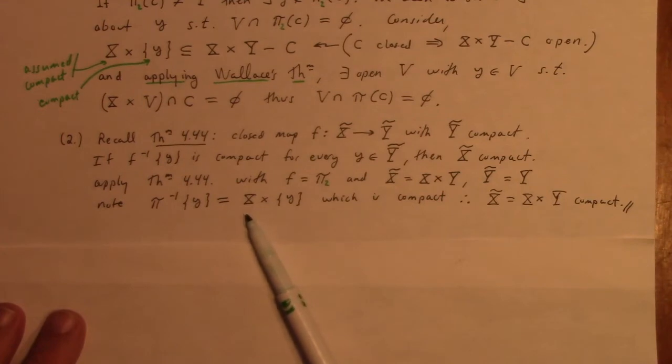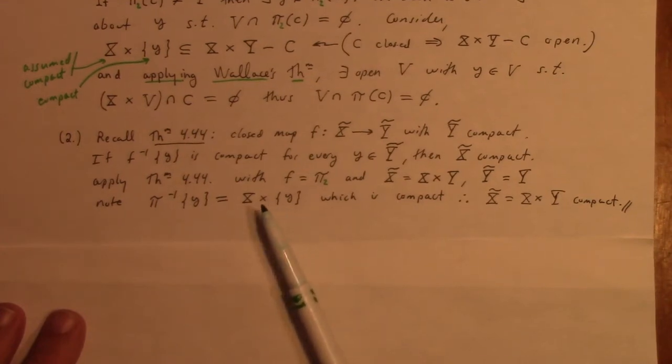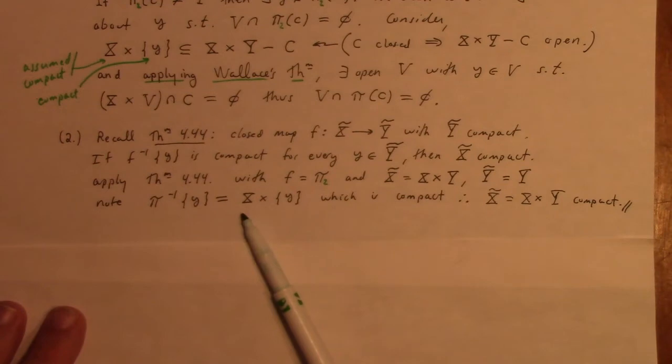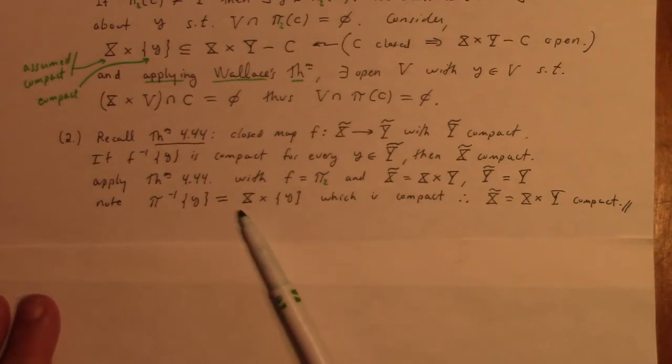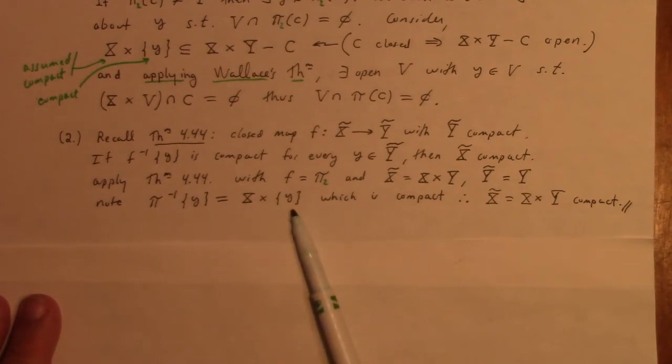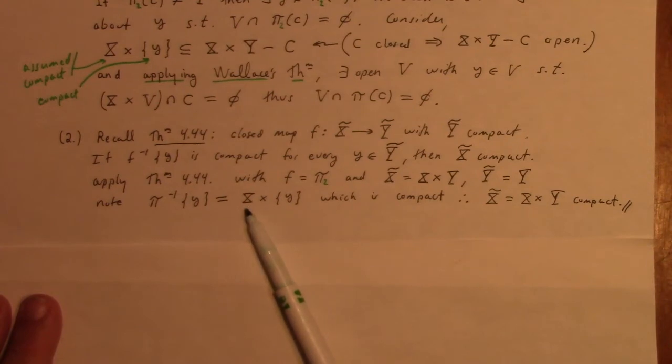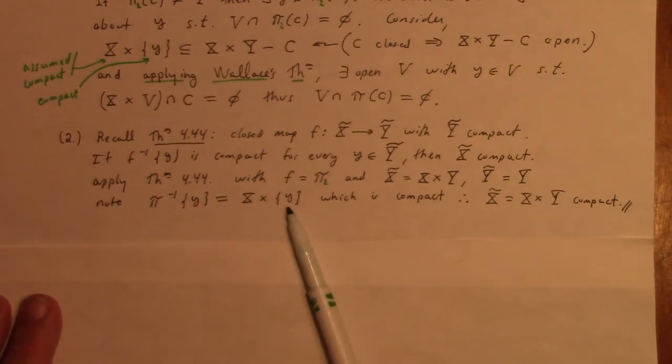It's fairly obvious that there's a homeomorphism from X to X Cartesian product with a singleton. I'll leave that to you guys. If you take every point in the set and pair it with a single y, it's really just an annoying notation for X, where you're taking every point in X and pairing it with the same y, not a different y.